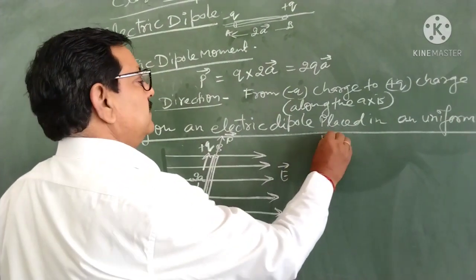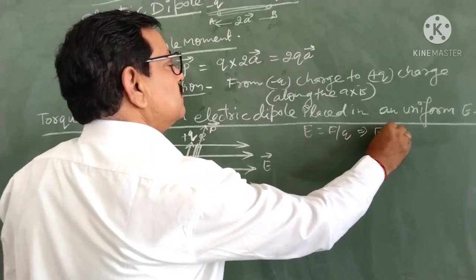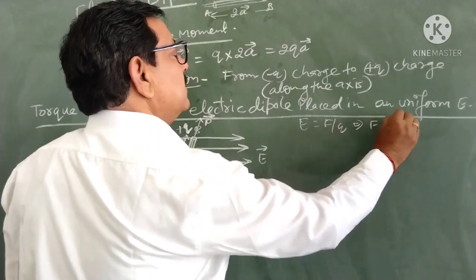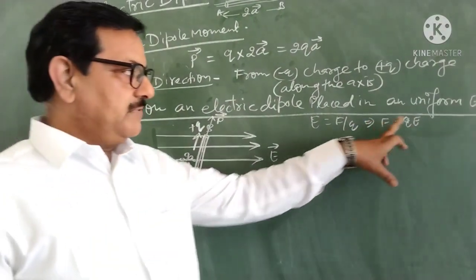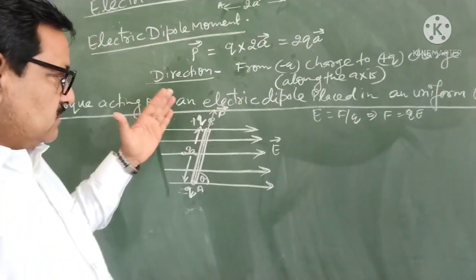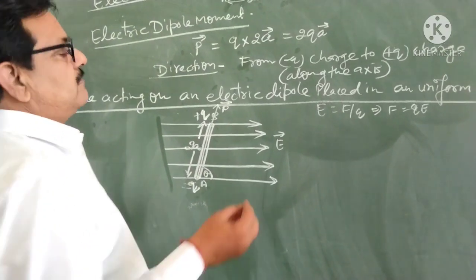Now as we know, E equal to F upon q. So what will be the force on charge? q into E. Charge placed in electric field, force acting on it is qE. Now you should remember the direction of force also.